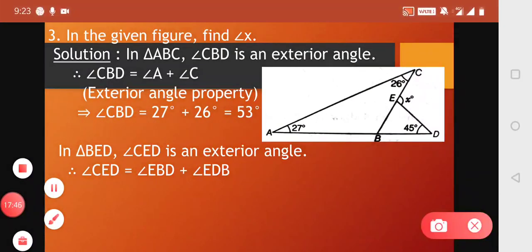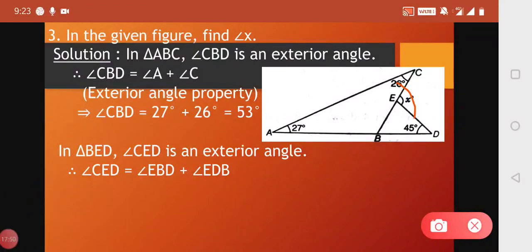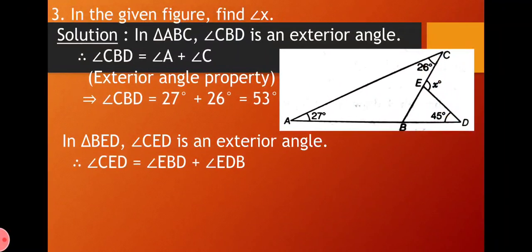Let's see in the figure. This is your angle CED, which is given as X, equal to angle EBD plus angle EDB. This is your angle EDB, which is given as 45 degree. So according to the exterior angle property, angle CED equals angle EBD plus angle EDB.